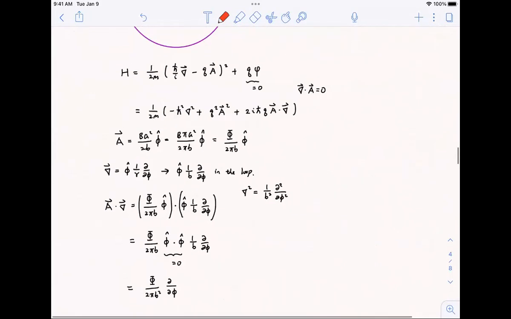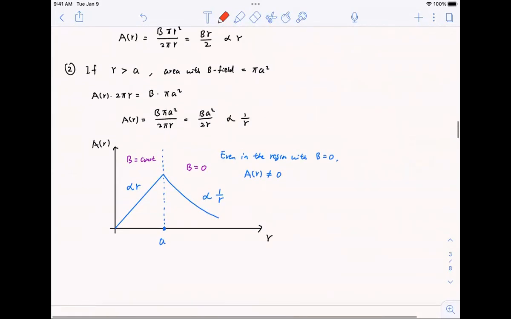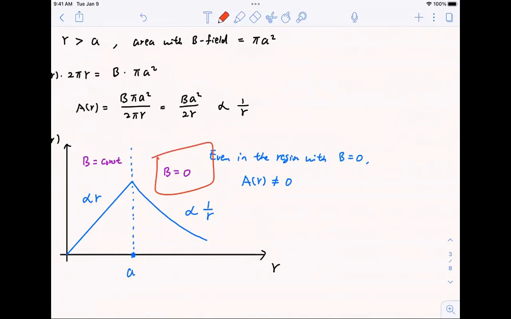In classical mechanics, if you have a zero B field, you're not going to have any effect. But in quantum mechanics, this finite potential here actually will have a consequence on the outcome. It is actually very mysterious.